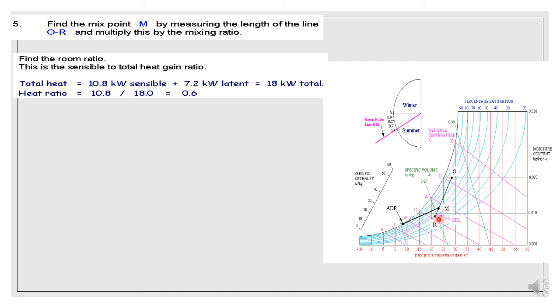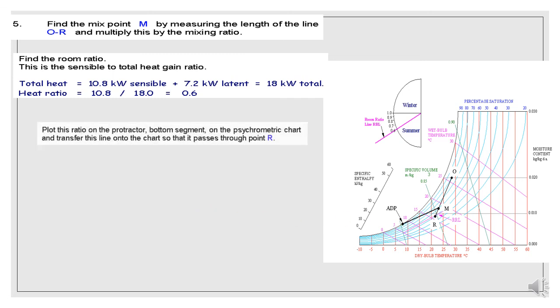So now you have this line, and we also have the mix point condition. So just draw a line, because we already know the apparatus dew point temperature, which is given as 8 degrees C. So just plot it here and connect these 2 points, the mix condition with the ADP. So now you already have this line.